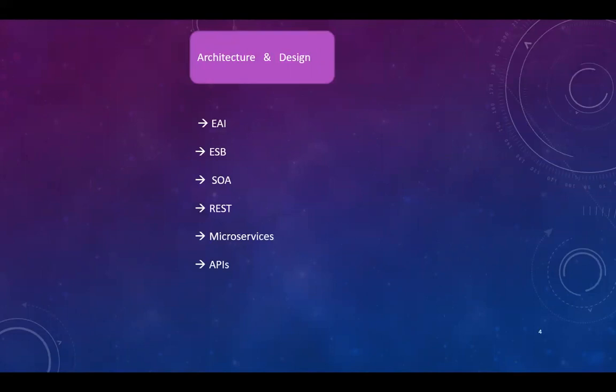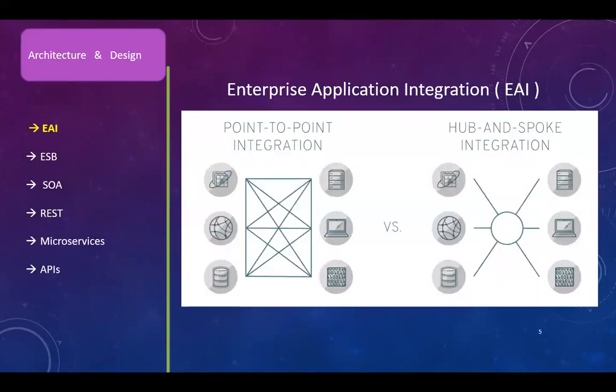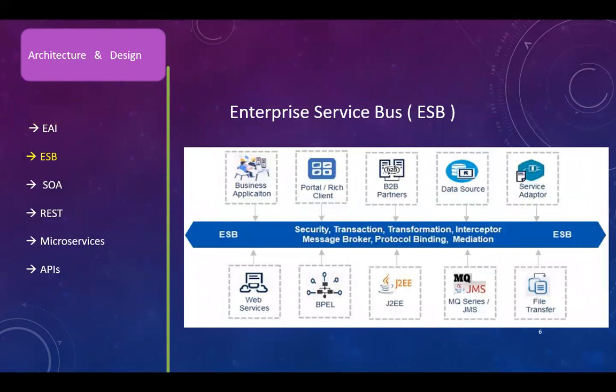So let's first take architecture and design. You'd have heard about EAI earlier. Point-to-point communication was there. EAI overcame it with the help of the hub and spoke architecture, where you have a centralized hub which helps us connect all the applications. But the problem in EAI is the centralized point of failure.